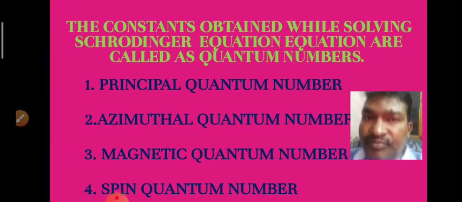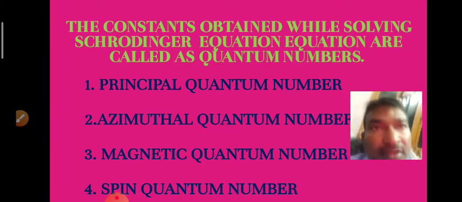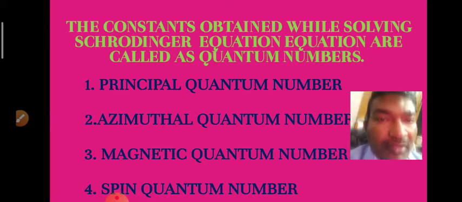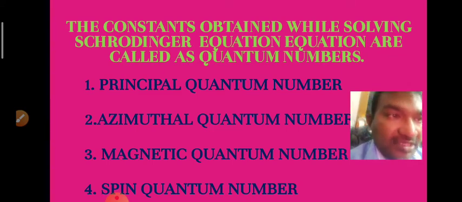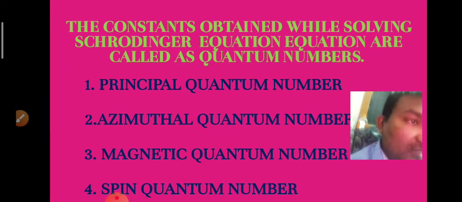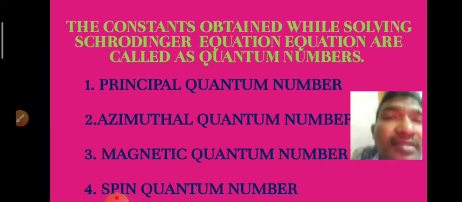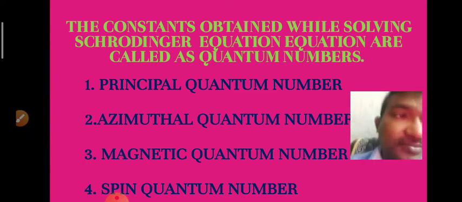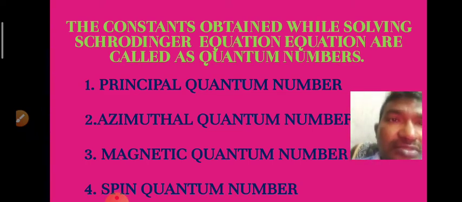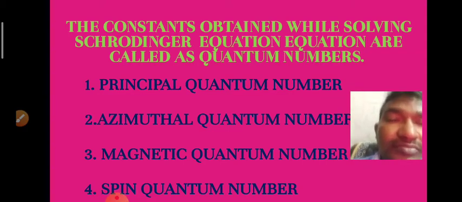The first three, principal quantum number, azimuthal quantum number and magnetic quantum number, are the constants used while solving the Schrodinger equation. And the spin quantum number is introduced in order to explain the experimental observations. Anyhow, we have four types of quantum numbers.